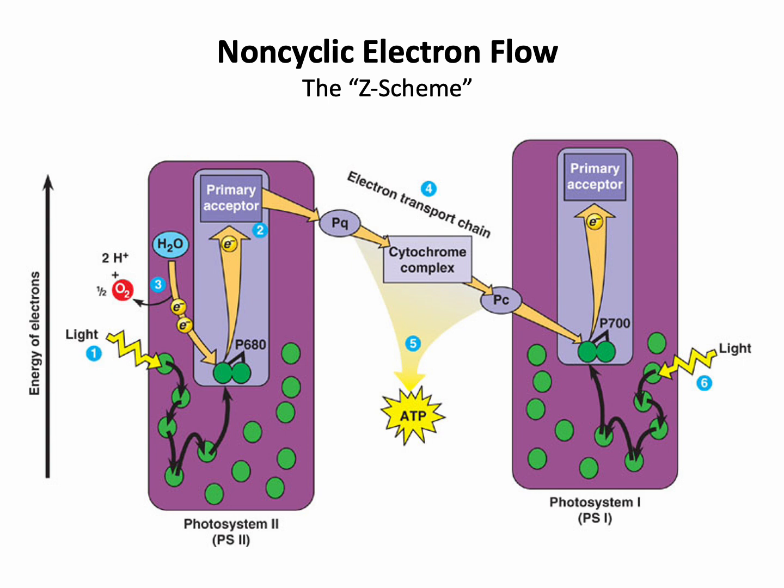So it's got a high amount of energy. And then as it moves through the transport chain, it decreases, right? The energy that's inherent in that electron decreases until it gets to photosystem 1, gets re-energized for that final step. So it has sort of a Z pattern. So if I ever use the term Z scheme, or you hear the term non-cyclic electron flow, that's what we're referring to, right?